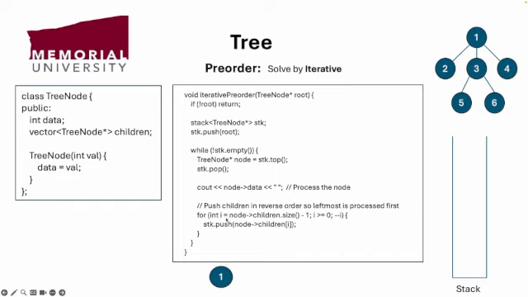This is a for loop with i equal to node children size minus 1, and i greater than 0, decrementing i. In this case, node children size equals what? For this node, the children are 3, right? 3 children minus 1 is 2.